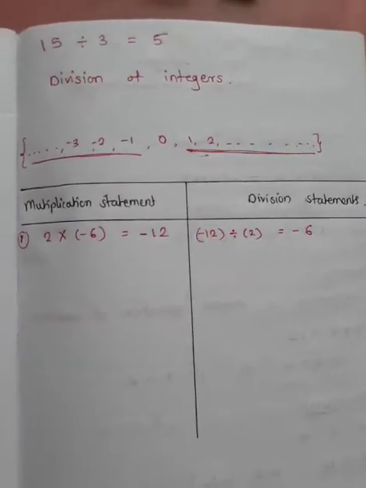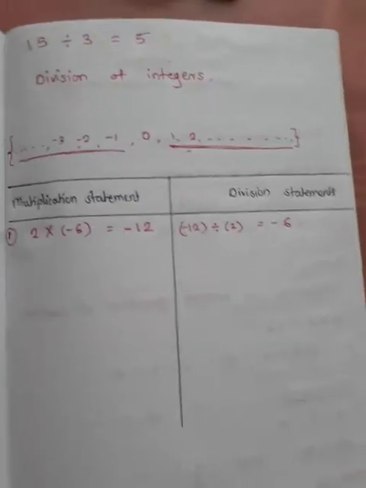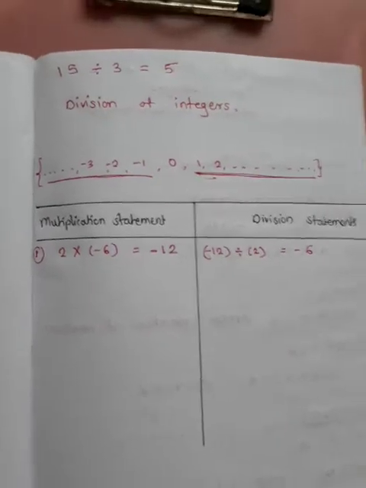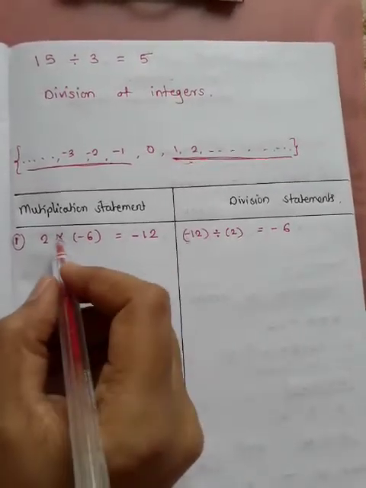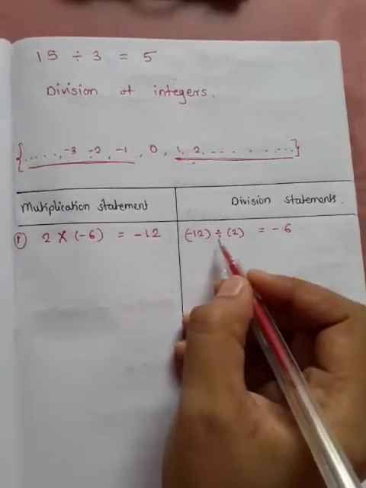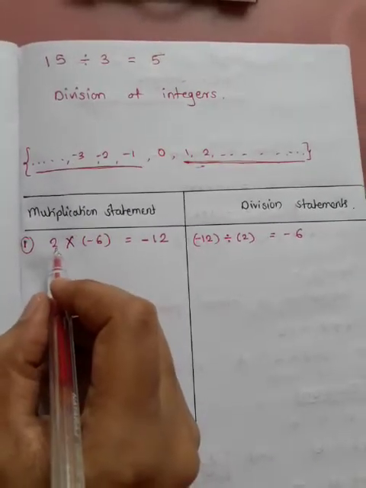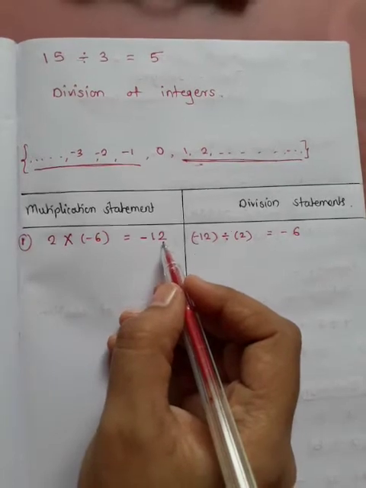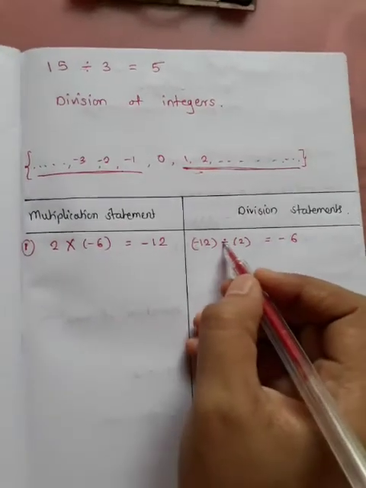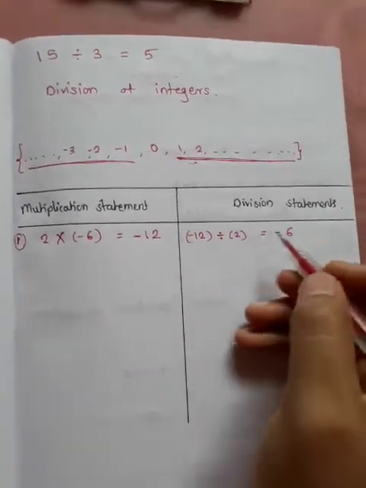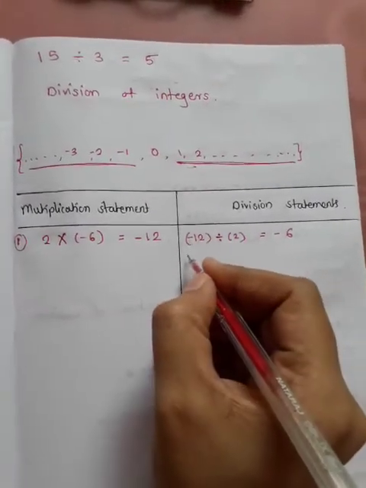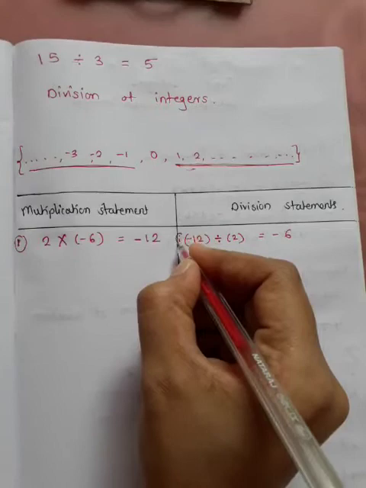We can write this because you know the addition and subtraction property; here instead it is multiplication and division. When 2 goes to the opposite side, it gets divided. When minus 6 goes to the opposite side, it also gets divided.